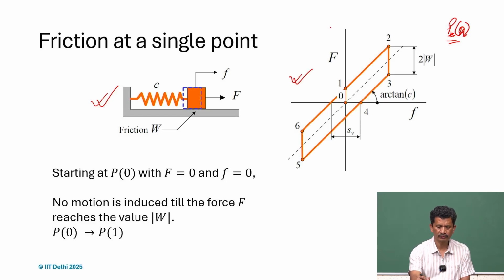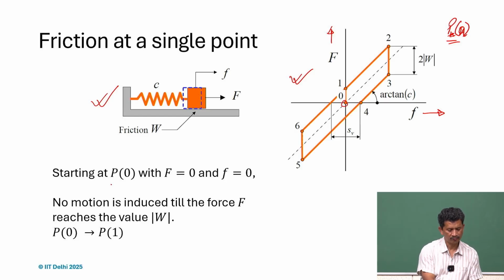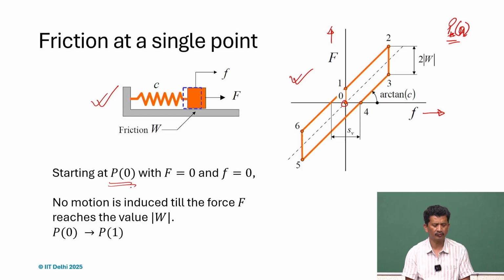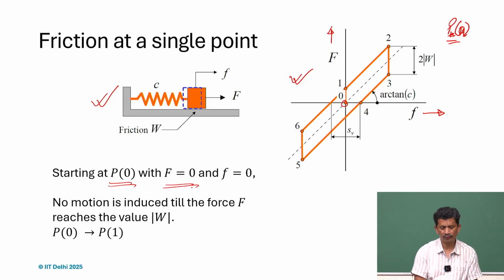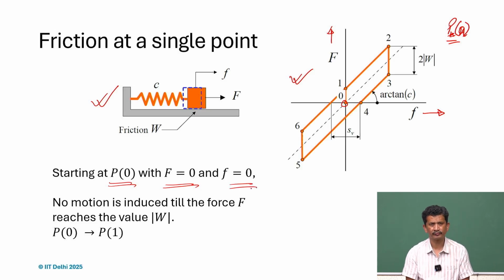If we try to plot the external force versus the displacement, the deflection, what we realize is that when we are at this point P0, of course there is no force, force is 0, there is no displacement also.